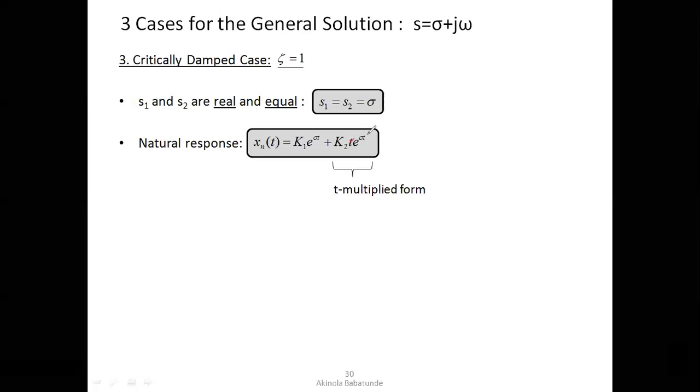These exponential terms are the same, because you have the same solutions. But what you do is you introduce a t here when you have real and equal roots. This t is what differentiates these two, along with the K1 and K2 terms. All right, so pay attention to that.